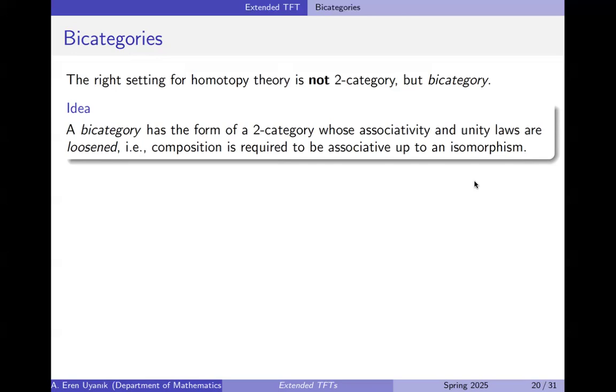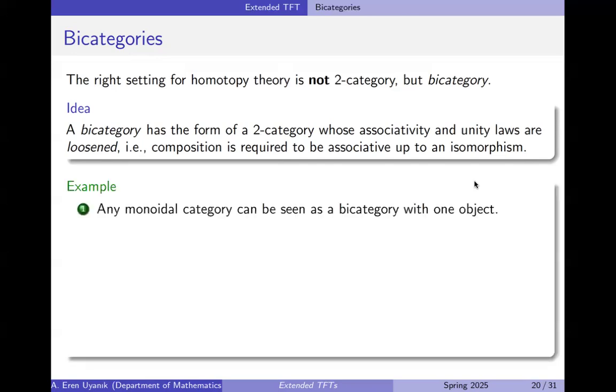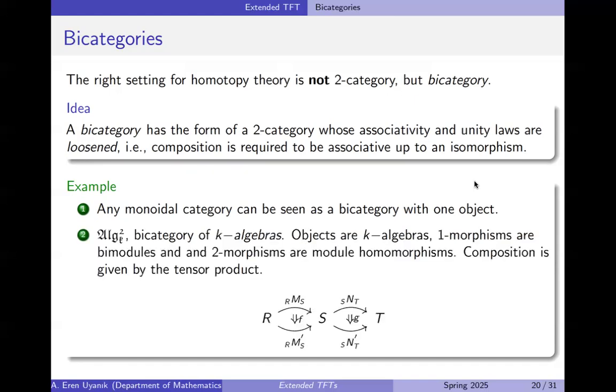The formal definition is just complicated with a bunch of diagrams, so I just gave the idea. And the first example, you can think of any monoidal category as a bicategory with just one object. You take the objects as endomorphisms of this object. And another important example is the bicategory of K-algebras.